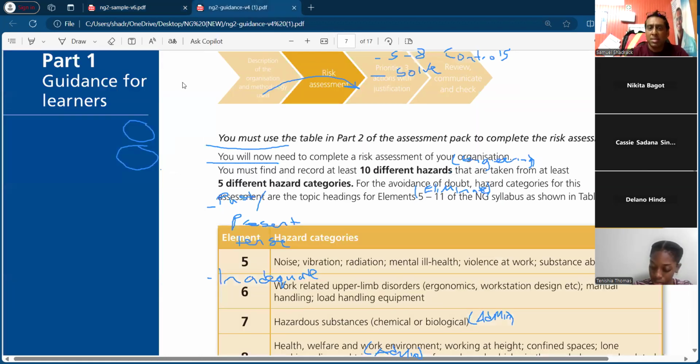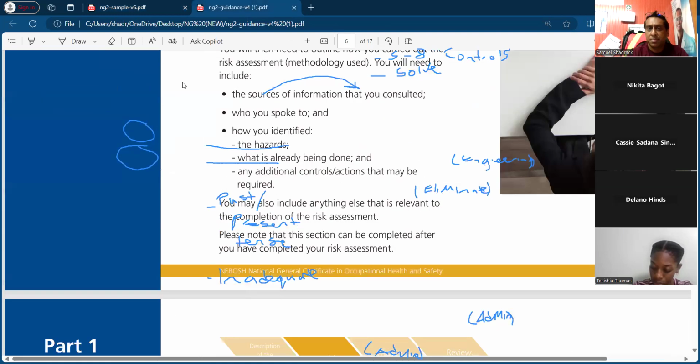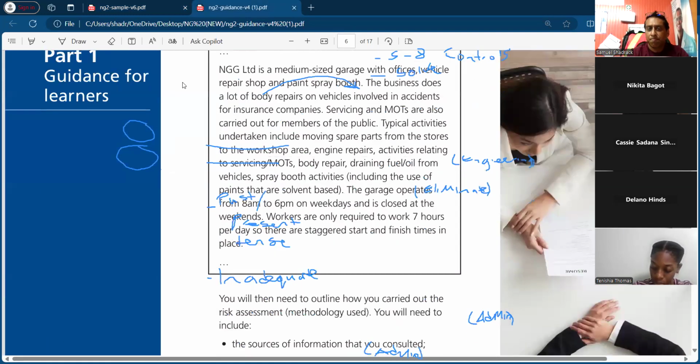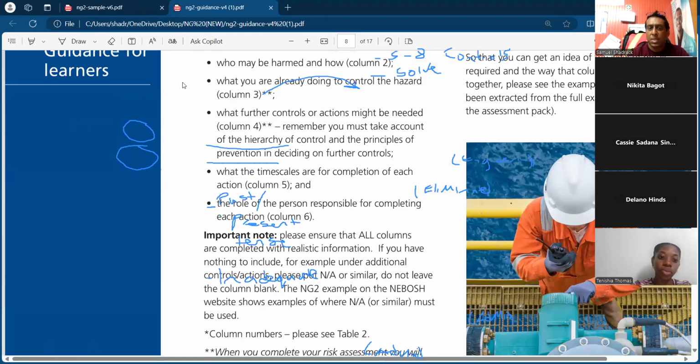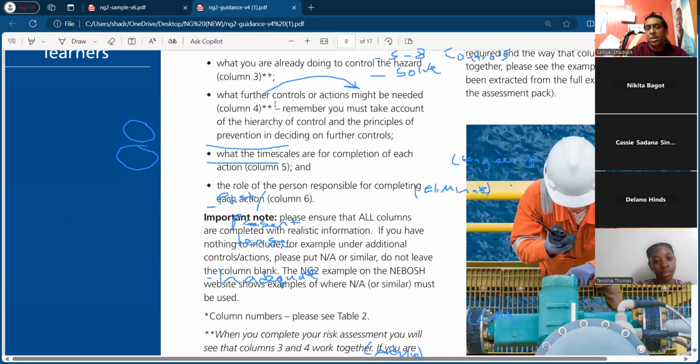Right? So back to the guidance here, if you read column 4, what further controls or actions might be needed? Column 4, remember, you must take account of the hierarchy of controls and the principles of prevention.